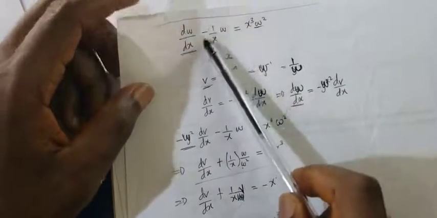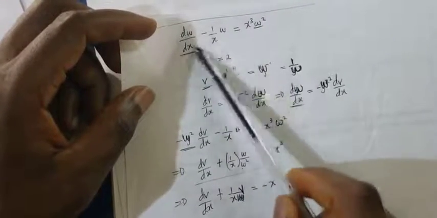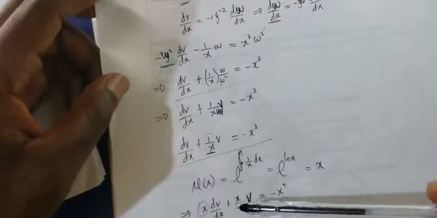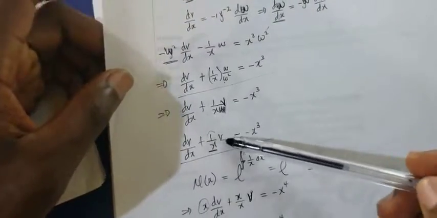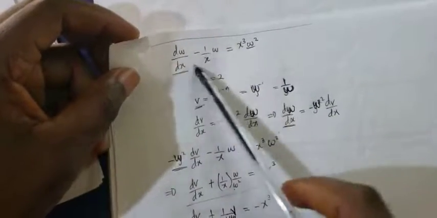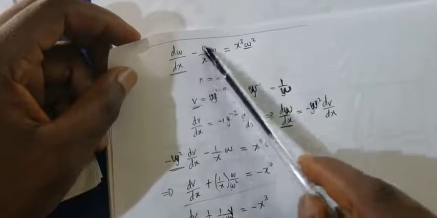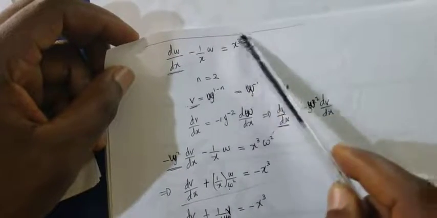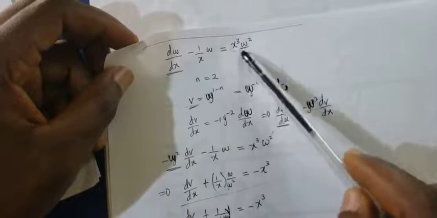Your p of x is not this. You will have to first reduce this. Not minus 1 over x, it's actually 1 over x as we have done it here. So notice there's a slight difference between what we got here and what the lecturer did. There's an error in the lecturer's solution where he took this as the p of x and then solved directly, but that's not appropriate.